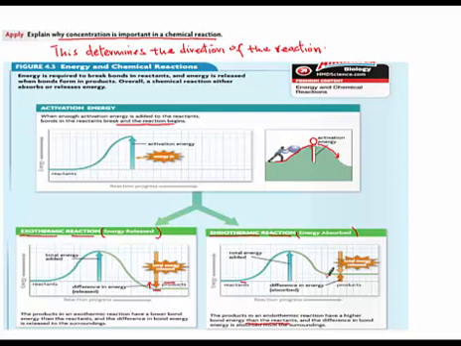Because they have higher bond energy than the reactants, the difference in bond energy is absorbed from the surroundings. So here, energy is taken in or absorbed, and here, energy is released.